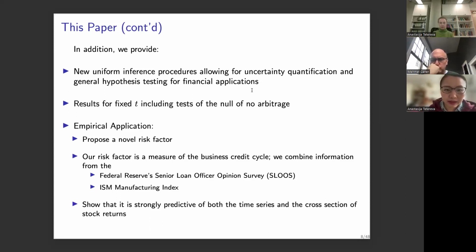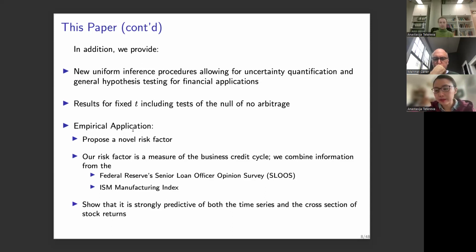This kind of question can be answered by this uniform inference procedure, and I can give you a more concrete answer using a statistical significance test. Also, if you are just interested in a fixed month, if you want to fix one month and understand the portfolio returns from this beta sorting procedure, then we can also provide some inference.